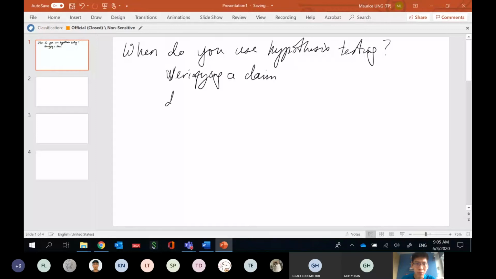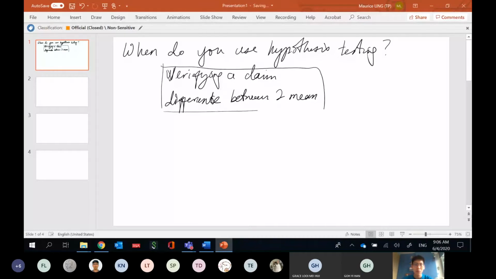Then you have things like difference between the mean. In fact, difference between two means is what we will cover in your next tutorial. Okay, so these are all kind of scenarios.